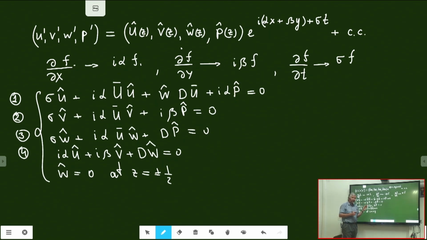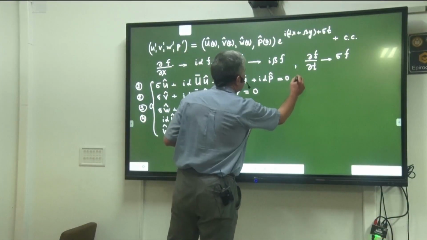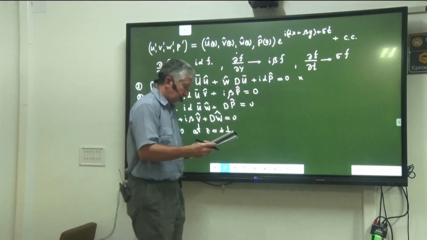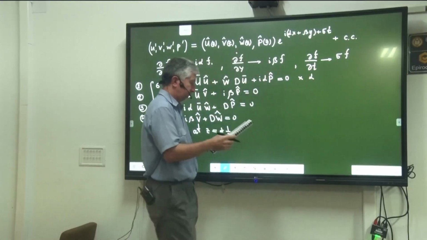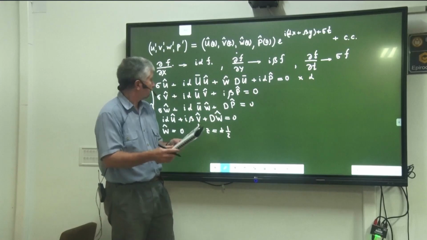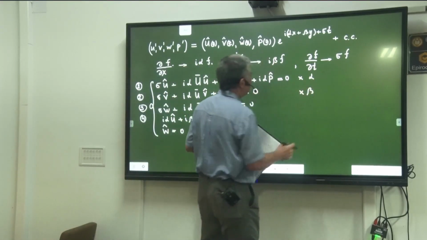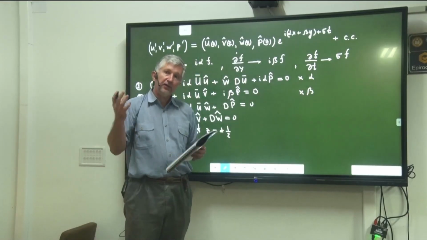If we consider the first two equations and do something apparently clever with them. So if I take the first equation and multiply it by alpha, take the second equation and multiply it by beta, and then I will add them together.